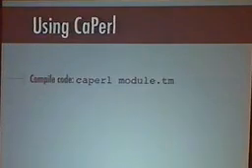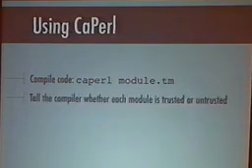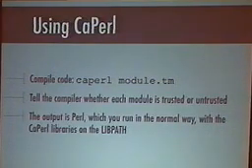So compiling, you say CaPerl module.tm. TM is for trusted, UM is for untrusted. You can also just pass a flag to say whether it's trusted or untrusted. It outputs Perl, which you just run in the normal way using the Perl interpreter with the CaPerl libraries on the lib path.